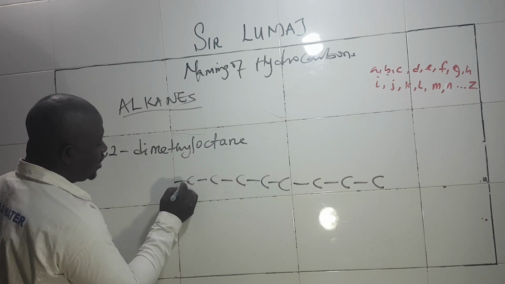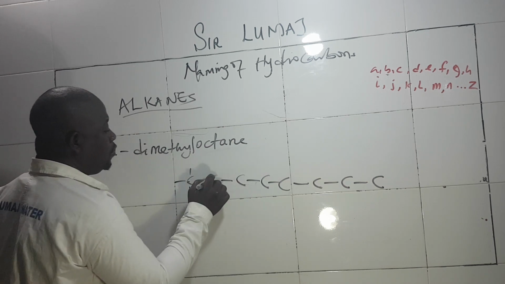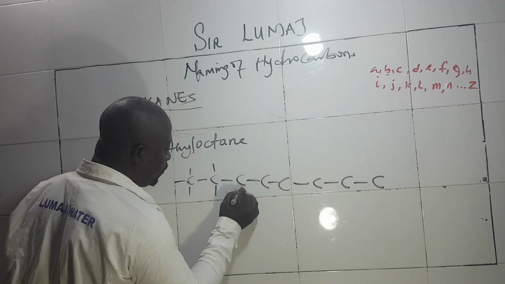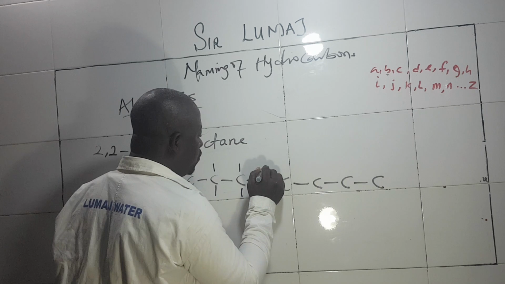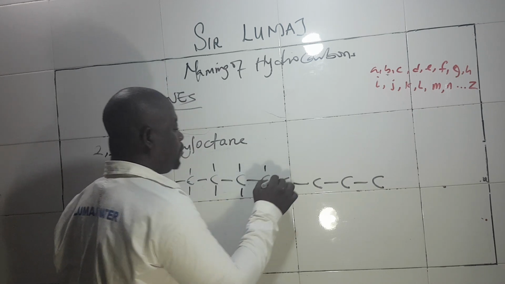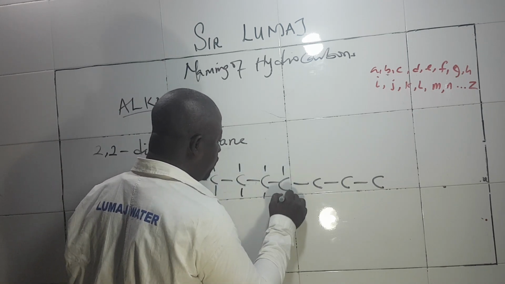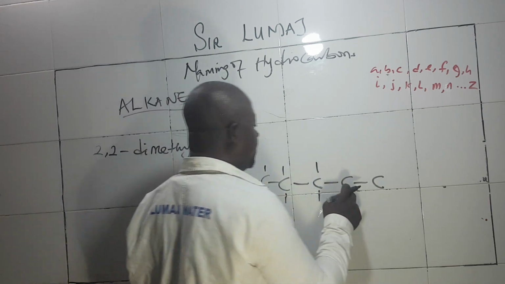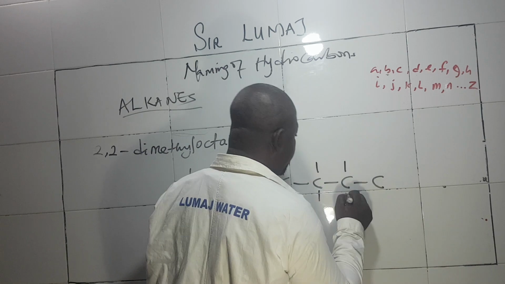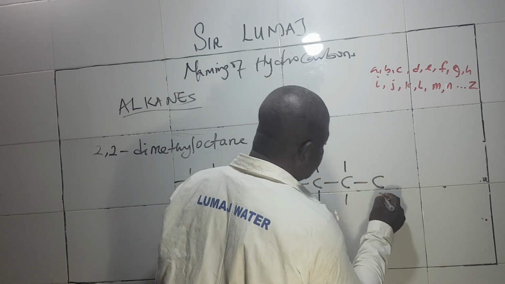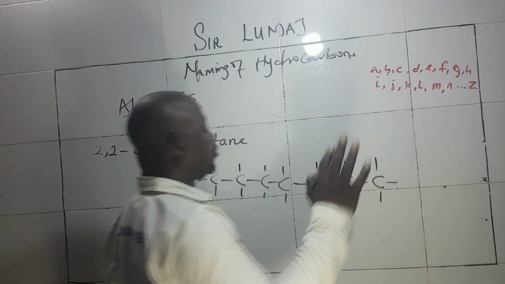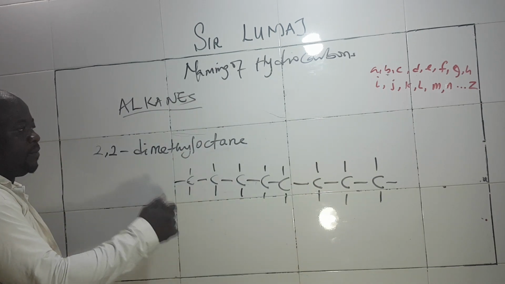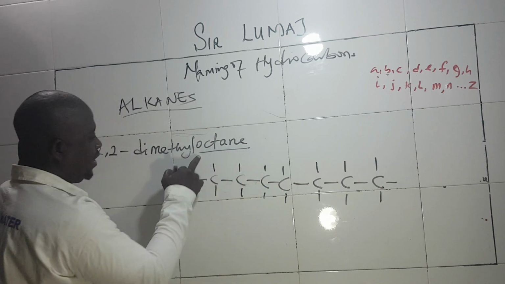Tetravalency: 1, 2, 3, 4 for this carbon atom, and the same for each of the other carbon atoms. You have shown all the bonds from the law of tetravalency. So you have named octane.